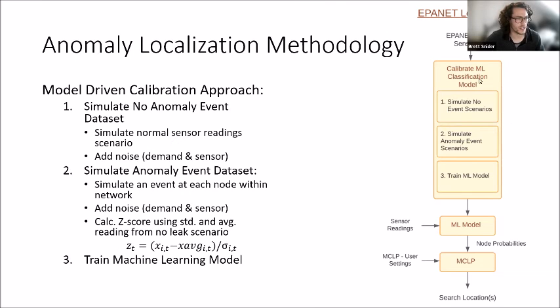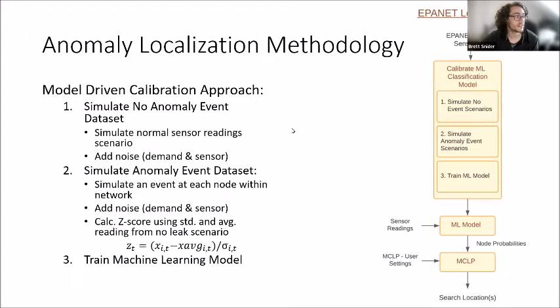Here's just a quick example. The main thing is that you simulate a normal scenario to calibrate what the typical readings are for the normal sensors, again adding noise to the demand to fluctuate it to make it more realistic, as well as adding noise to the sensor, since the sensor is going to have some inaccuracies.